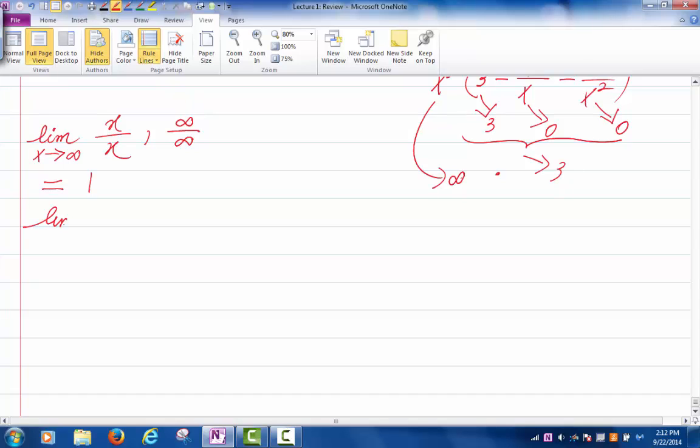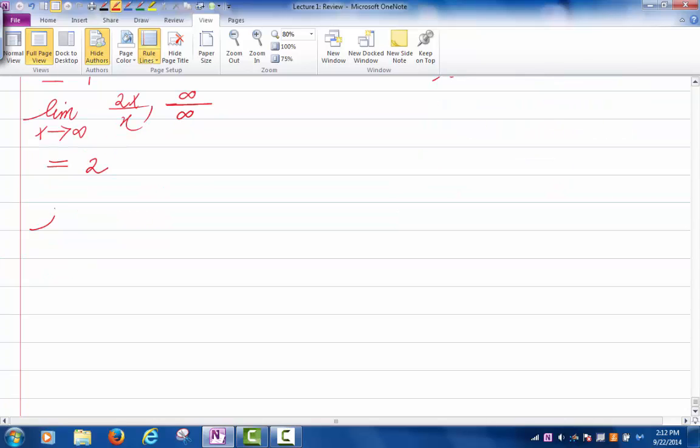If I take the limit as x goes to infinity of 2x over x, notice once again I have infinity over infinity. However, what's the limit? 2. Let's look at another silly example.